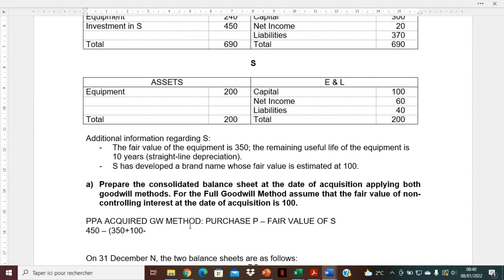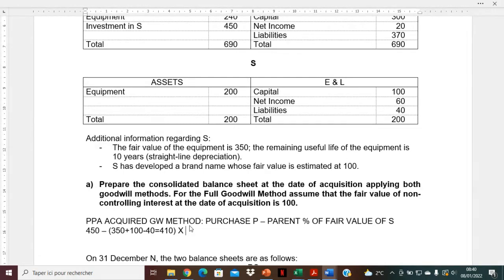So that means I need to deduct 40 in liabilities, which means basically that my fair value is 410, what we had before. But in the acquired goodwill method, I take the purchase price and I deduct the parent percentage of fair value. So here I calculated the fair value, which is 410.